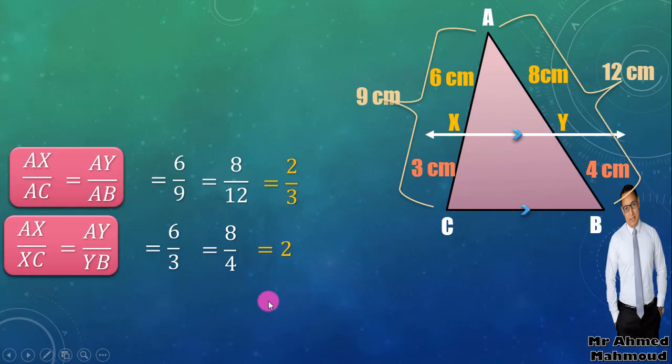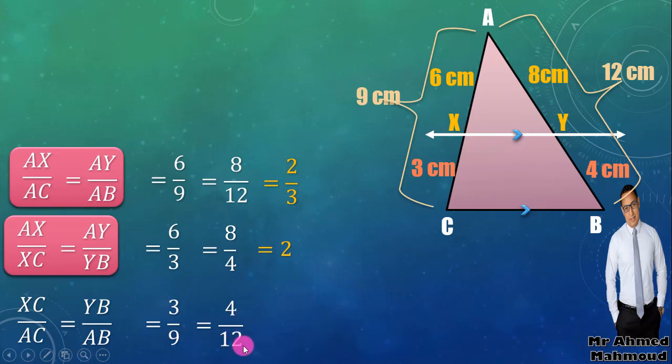Now looking at XC over AC: XC equals 3, AC equals 9, 3 over 9 equals 1 over 3. And also the same on the other side, YB is 4 and AB is 12, 4 over 12 also equals 1 over 3.